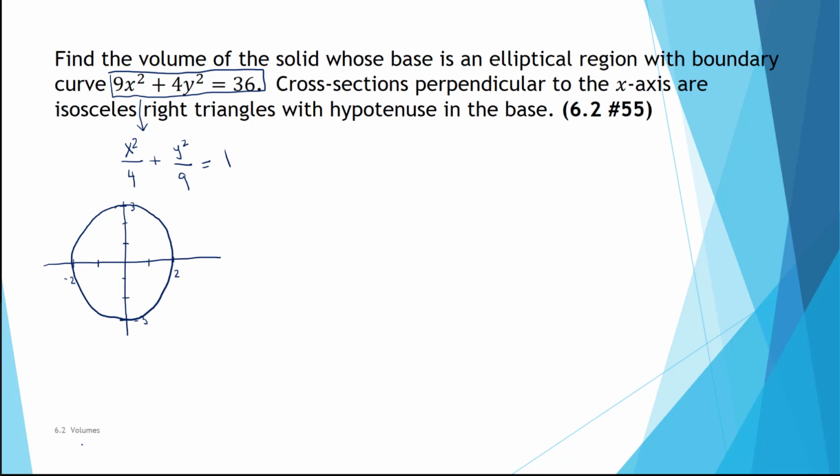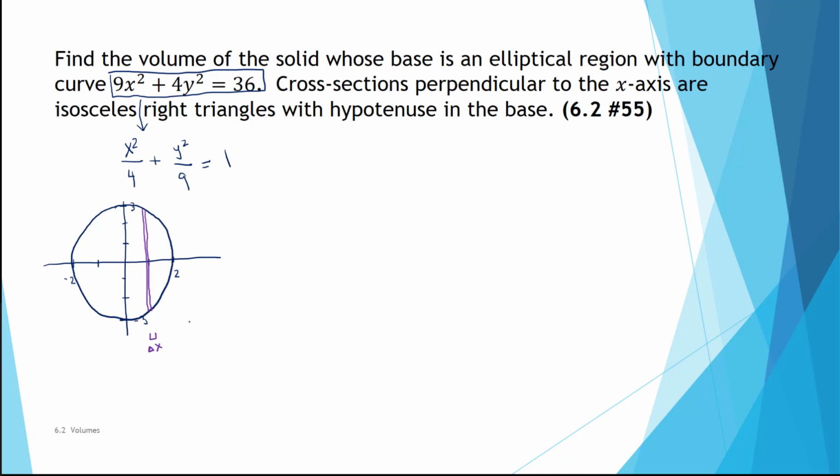Now, it tells us something about the cross sections. The cross sections are perpendicular to the x-axis, so our cross sections will attach to the base this way. Each cross section we'll think of as having a width delta x.